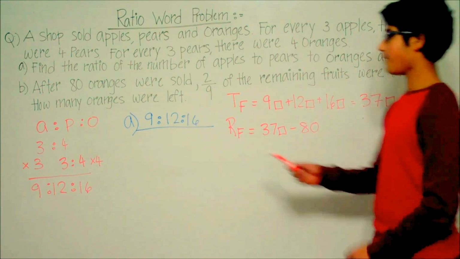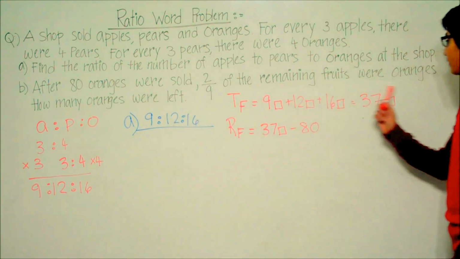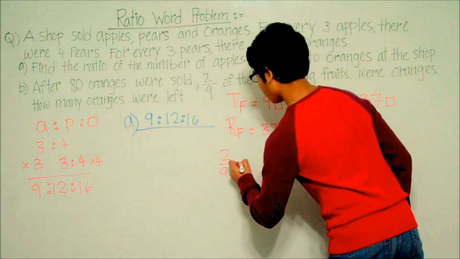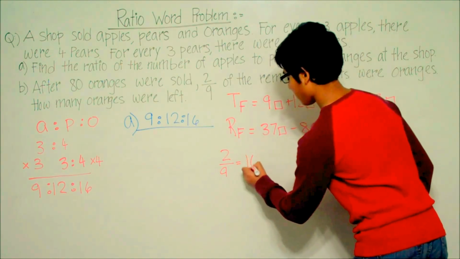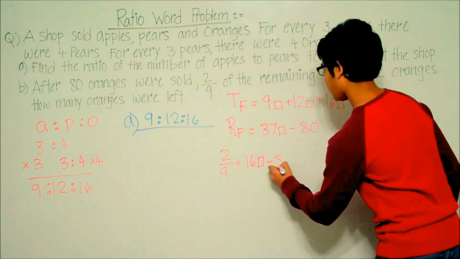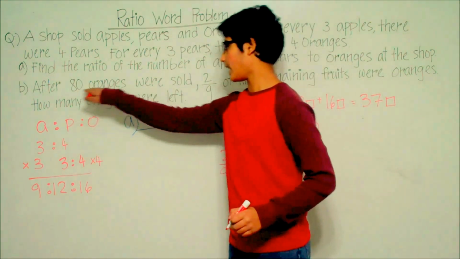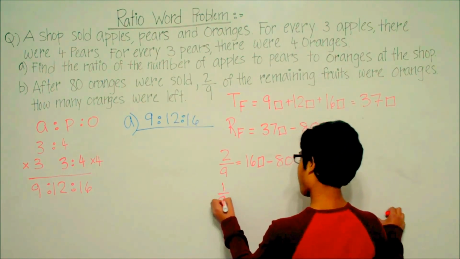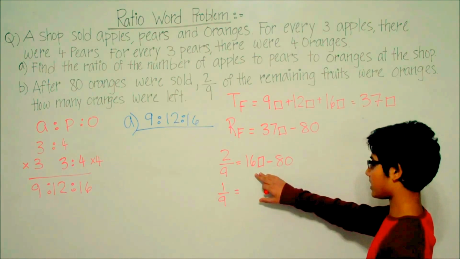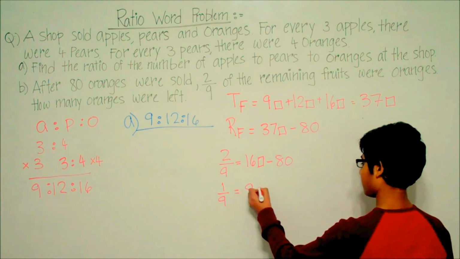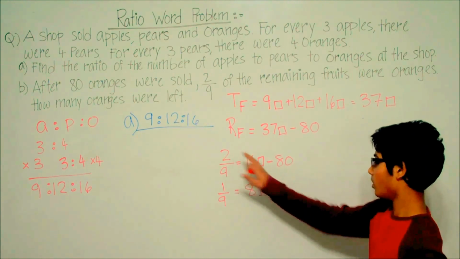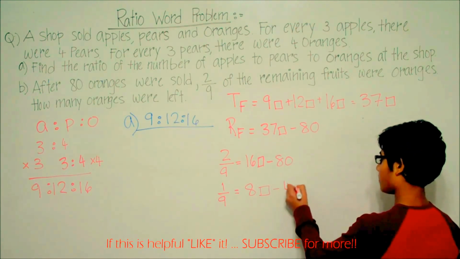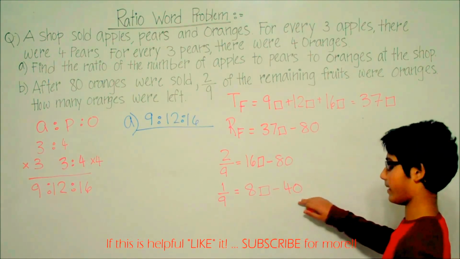Now we know that after 80 oranges were sold, 2/9 of the remaining fruits were oranges. So this means that 2/9 are equal to 16 units of oranges minus the 80 oranges that were sold. So this means that 1/9 is equal to 16 units divided by 2, which is 8 units, minus 80 divided by 2, which is 40. So 1/9 is equal to 8 units minus 40.